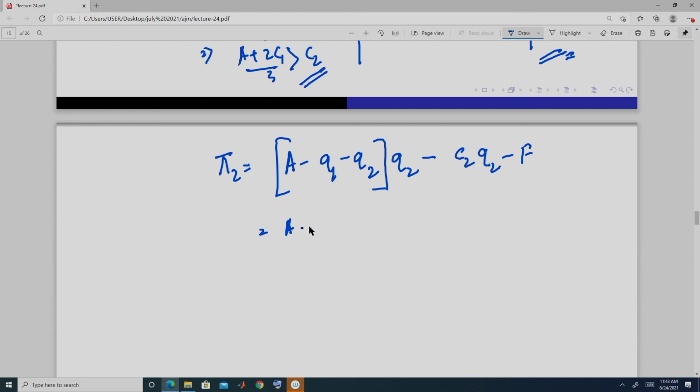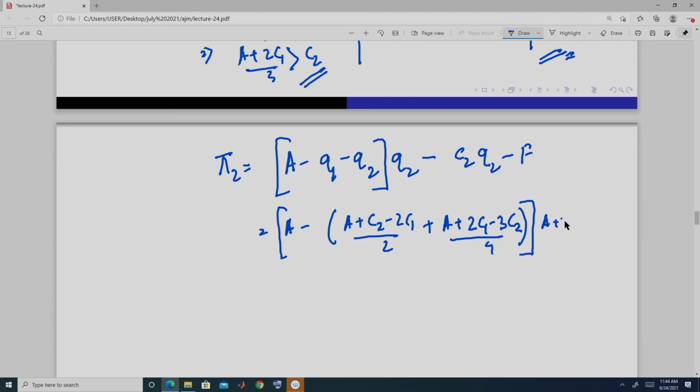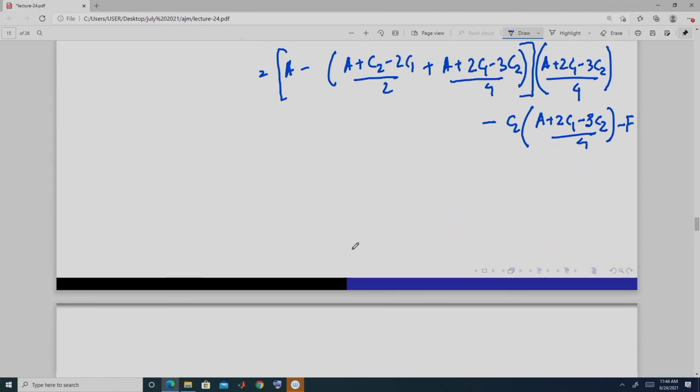Simply substitute the values, we get this.